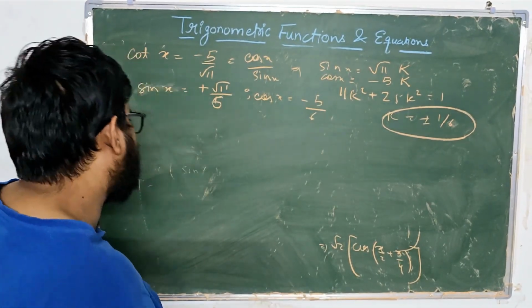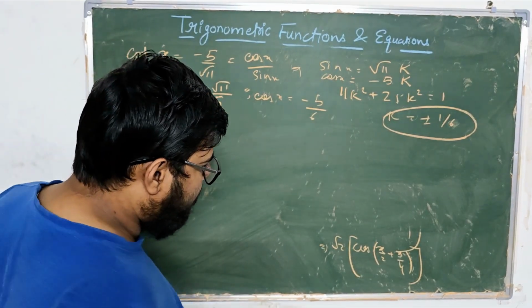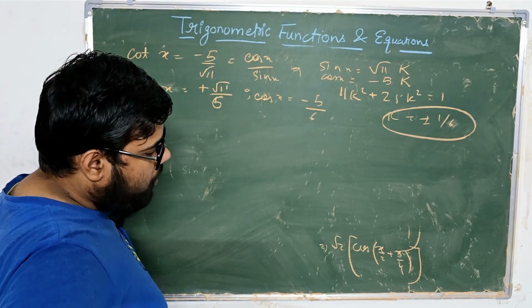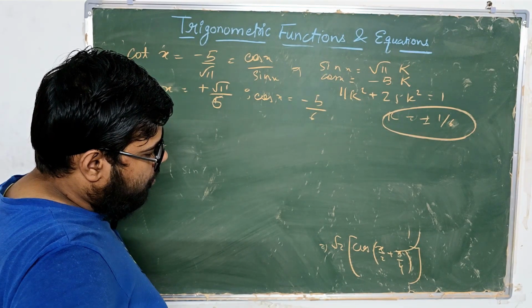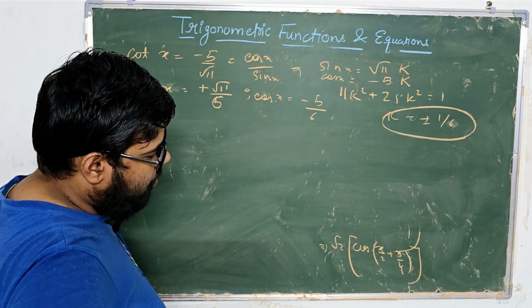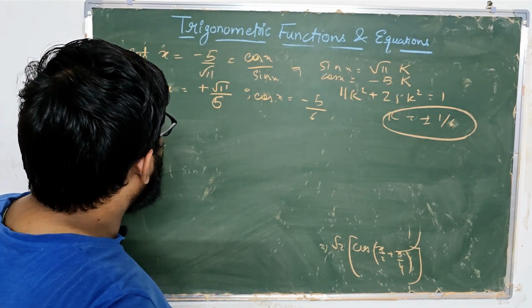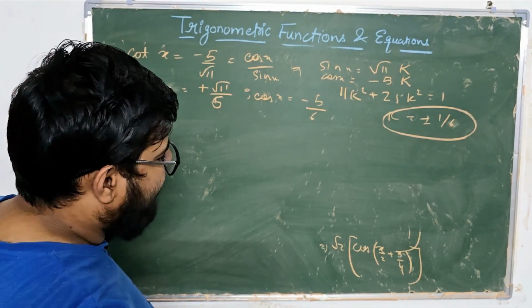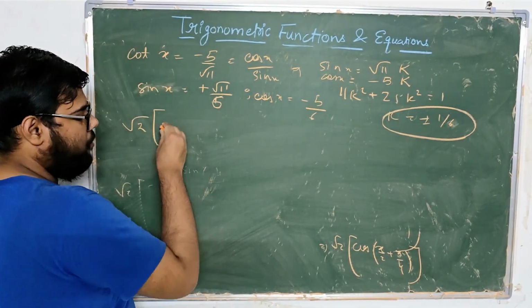Now let's open this. So you will get cos of x by 2 plus pi by 4, right? We have this expression. We have to make it in half angle also to check for the answer, right? So this is going to be tough. So let's open it now.